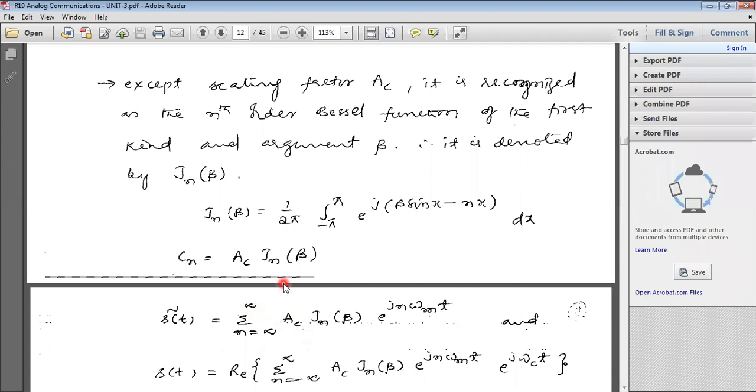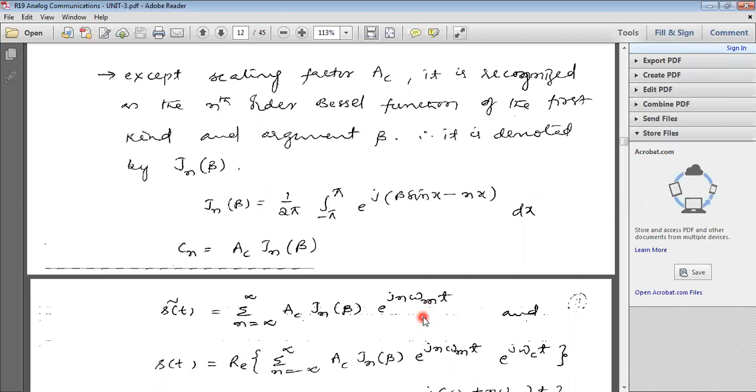What is the Cn value? The Cn value is AC into Jn beta, where Jn beta is the nth order Bessel function with the argument beta. So just substitute the Cn value. Therefore it becomes AC into Jn beta into e power j n omega mt.